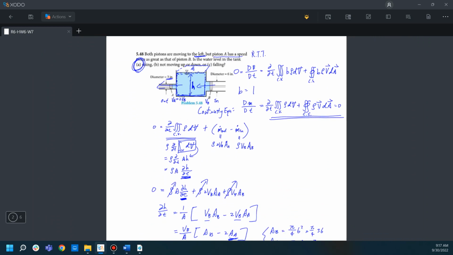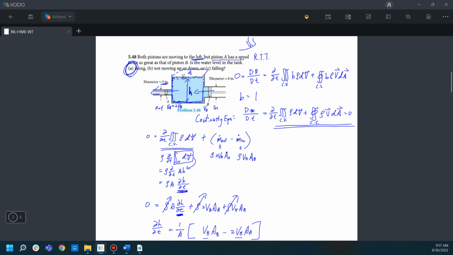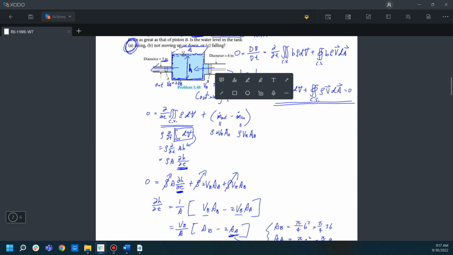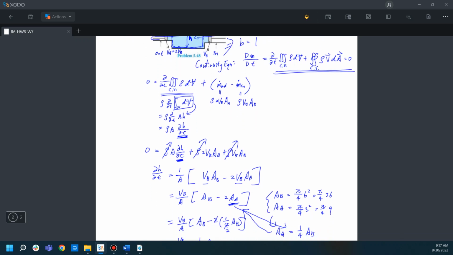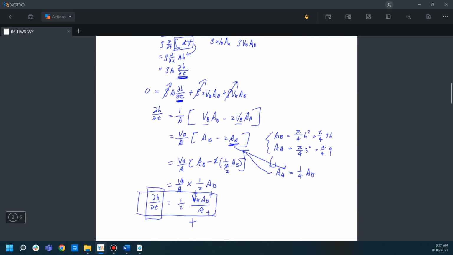So basically, in this problem, we start from the general RTT equation, and we apply the property B equal to 1, and then we get the continuity equation. Based on this continuity equation, we define the control volume in this figure, apply that to the continuity equation and simplify all those terms, and eventually we get the variable that we try to solve.